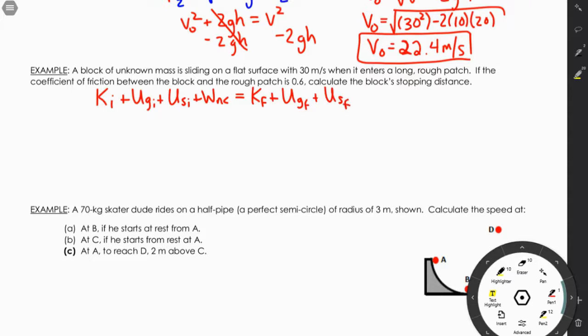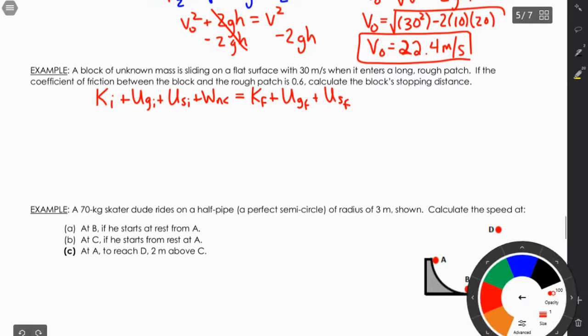Now, cancel out things that we don't have or don't need. Note that there's no height difference. We're on the same table, the object's not changing its height, so your potential energy is going to be 0. We don't have springs, so your Us's are going to be 0. There's one other thing we can cancel out: our final kinetic energy, because it comes to a stop. It asks us to calculate the stopping distance.